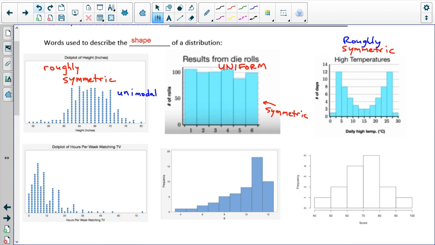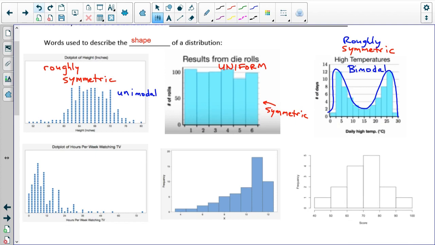But the one on the right is roughly symmetric and bimodal. So the difference is there are 2 high values on the one on the right. So there are 2 peaks if we drew a curve, and the one on the left, we only have 1 peak and it's in the middle.